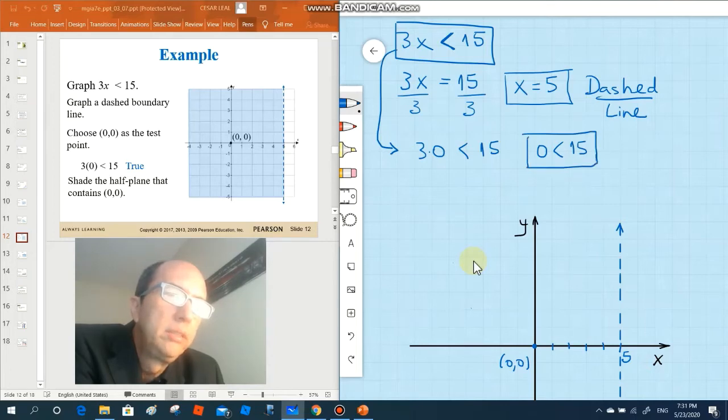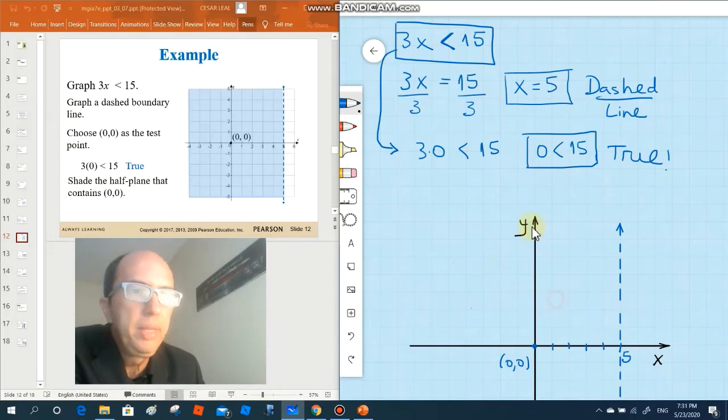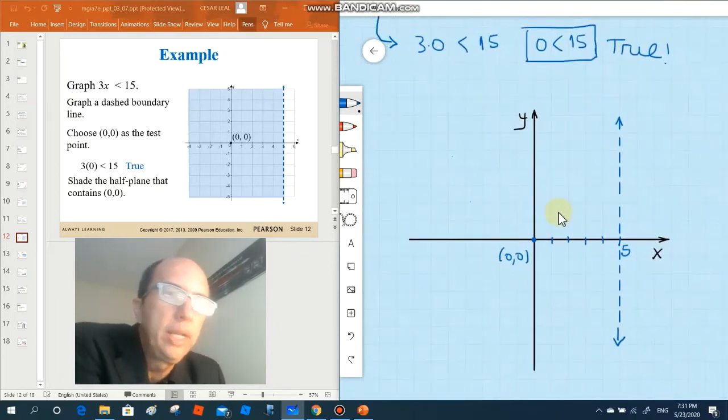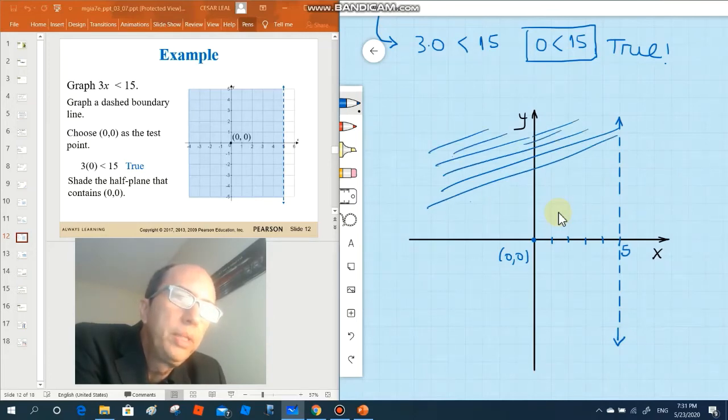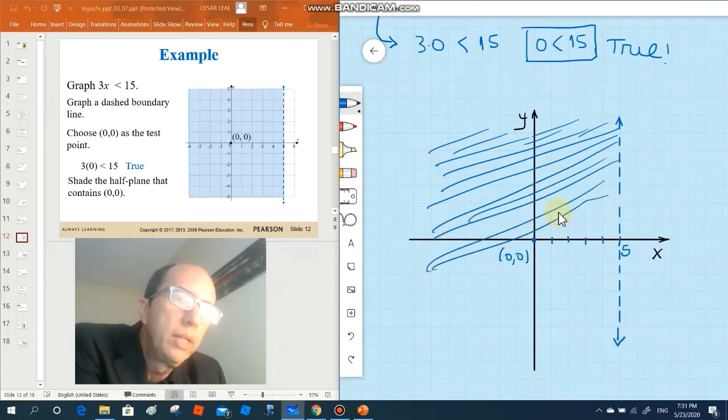True or false? True. That means the area where the point is located is the area that represents the inequality.